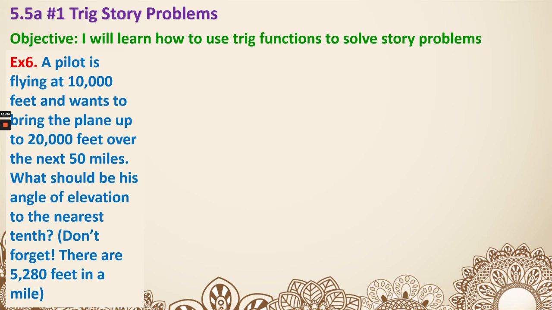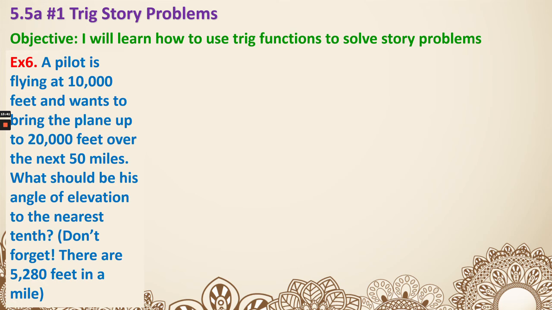Lastly, example 6. A pilot is flying at 10,000 feet and wants to bring the plane up to 20,000 feet over the next 50 miles. What should be the angle of elevation to the nearest tenth?